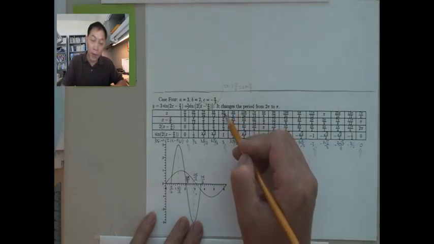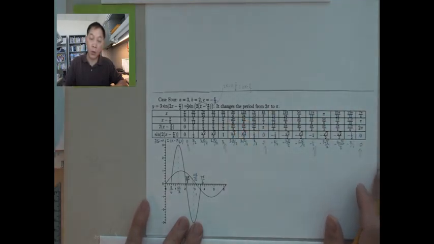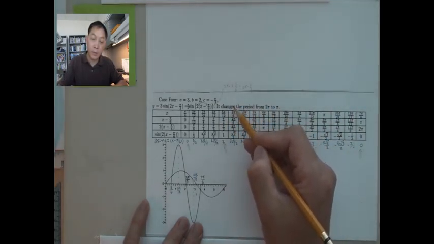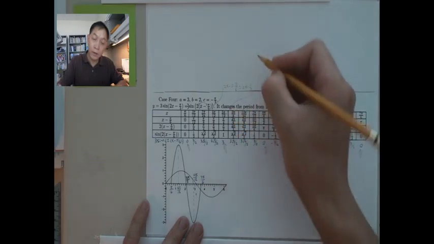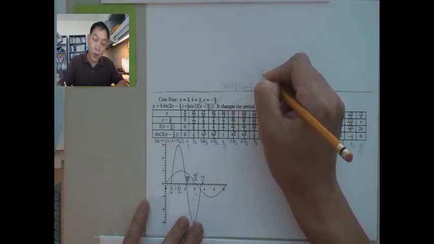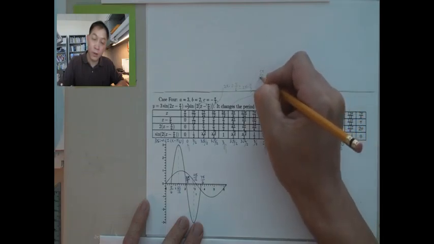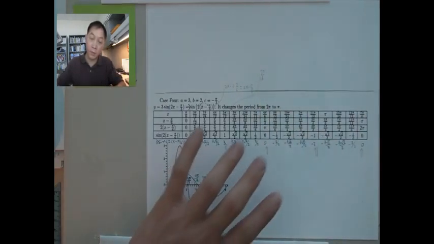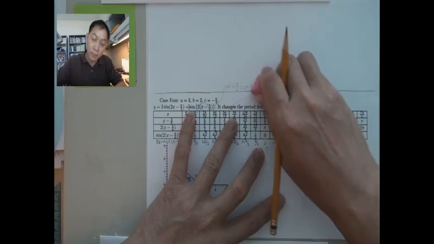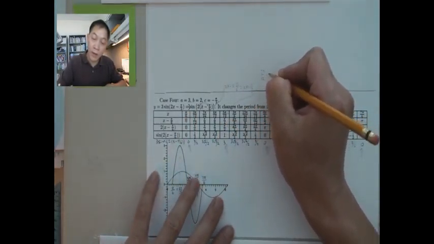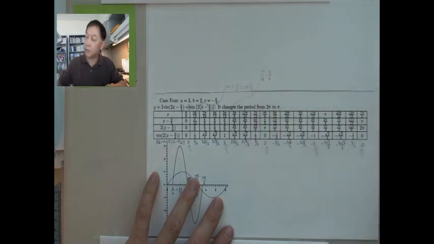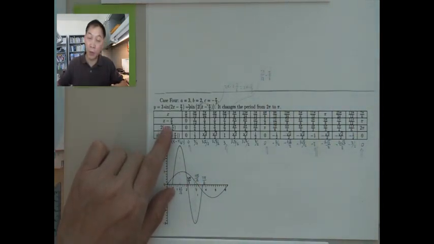This point, when x is 5 pi over 12, then you want to do 5 pi over 12, not 6, over 12, minus pi over 6, because here is x minus pi over 6.